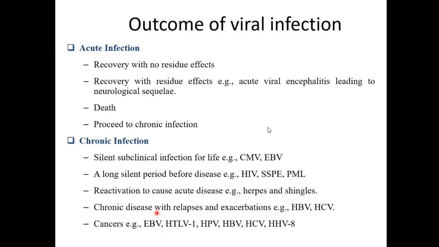It's there, silent. Then, depending on the factors, such as immunosuppression and others, it reactivates and causes acute disease. And sometimes chronic disease can have relapses, exacerbation, like the case of hepatitis B virus, hepatitis C viruses, mostly linked with immune responses.